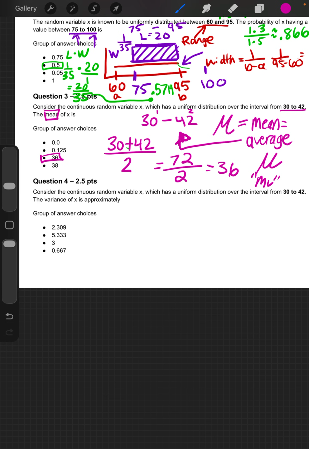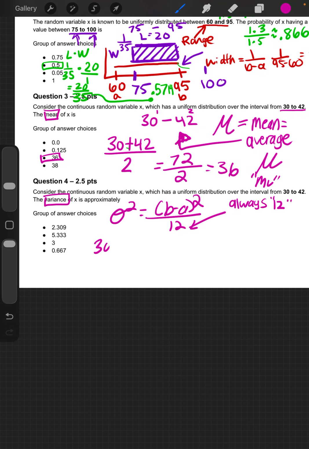Okay, so then the next one is variance. The formula for variance is going to be (B minus A) squared over 12. And this 12 is always 12. It's a long formula to get 12, but we just know that it's 12.